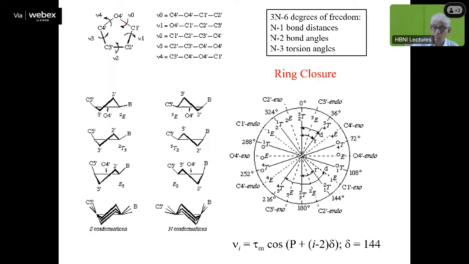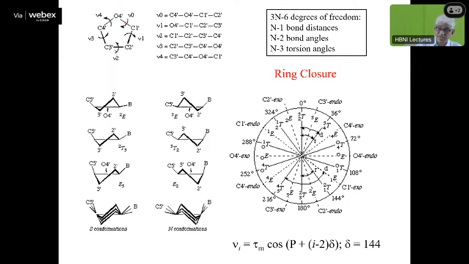Bond distances and bond angles, of course, you cannot change too much. The things that change significantly are the torsion angles. Now n-3 torsion angles means what? N is 5, so there are 2 torsion angles. However, that is the case when the molecule is not a closed ring. But if you have a ring closure, it adds one more restriction.